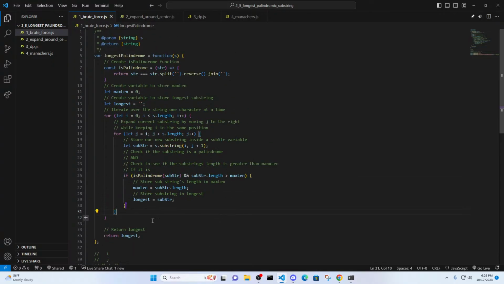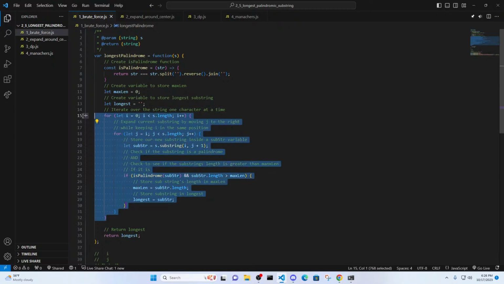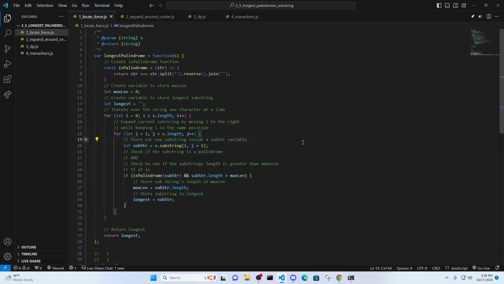As brute force as it gets. This right here is O of n, and then this is O of n, and this is O of n, and then we do isPalindrome inside of this. So this is actually O of n cubed. So horrible.